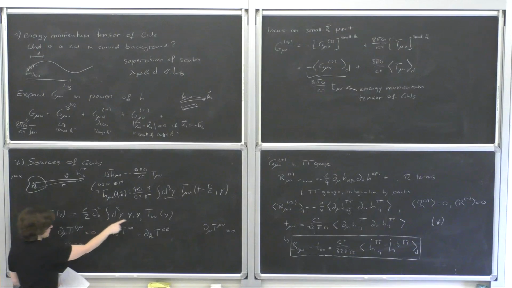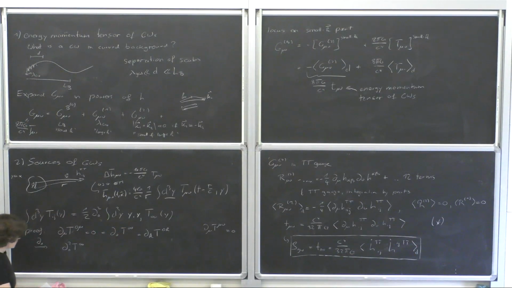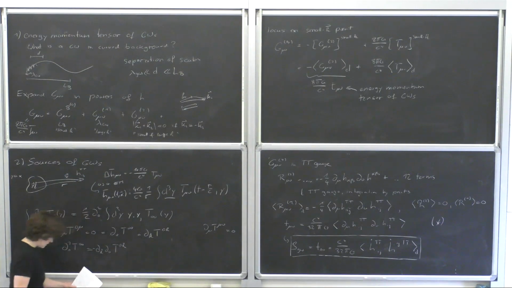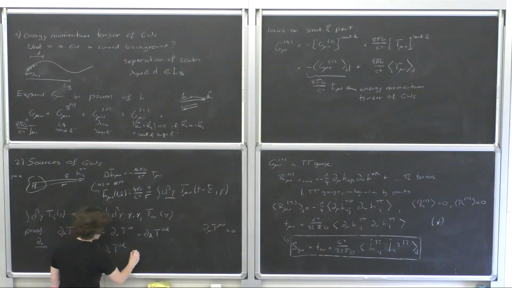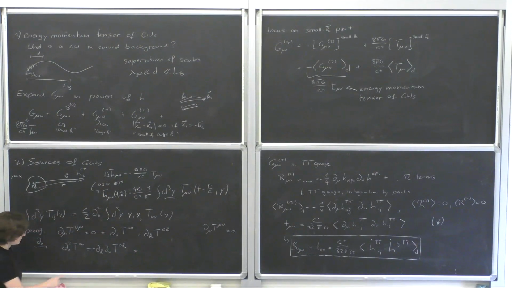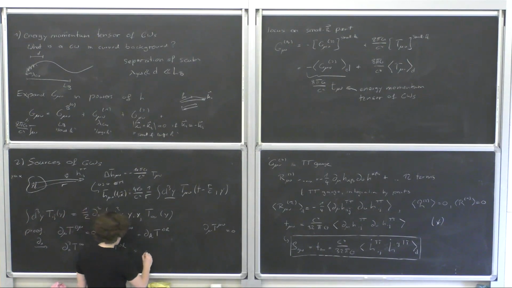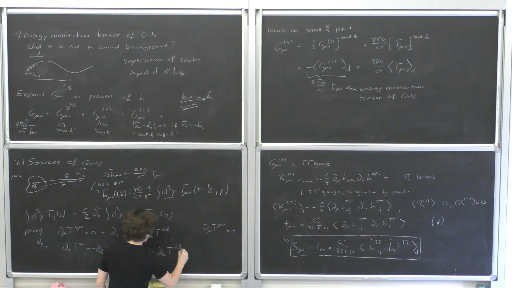So you see I'm approaching the right-hand side here. This is minus this term here, equal to minus ∂_k ∂_0 T^{0k}. Now I can again use energy momentum conservation to flip the 0 index into a spatial index and change the minus sign. So I get ∂_k ∂_l T^{lk}.